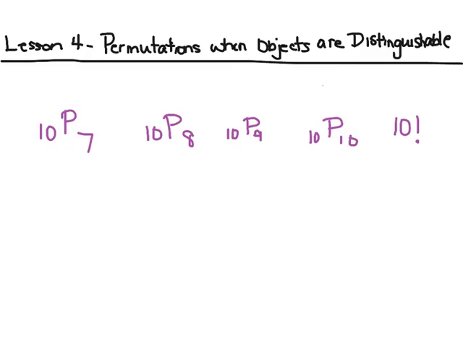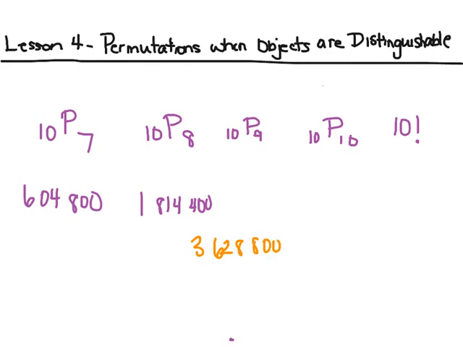10 pick 7, when typed into your calculator, is 604,800. 10 pick 8 is 1,814,400. 10 pick 9 is 3,628,800, which is the same as 10 factorial.